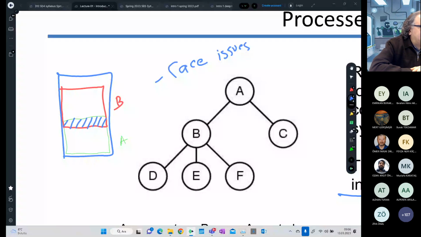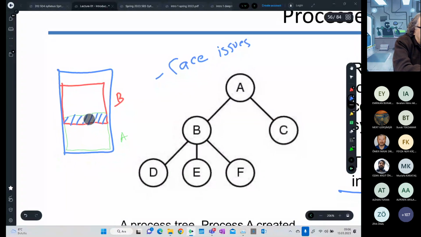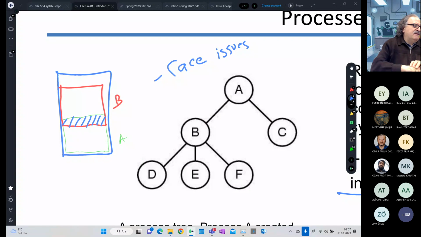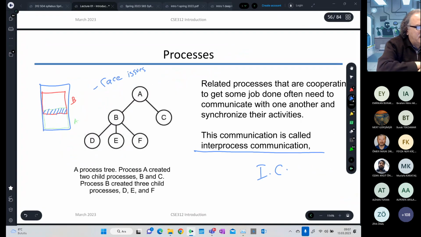The main problem happens this way: while A is writing something to this area, if B is reading it at the same time, that becomes chaos, and I have to solve this problem. And if both of them are writing to the same area, that's even more problematic. We have to solve these problems, and we'll talk about it when we talk about the process.